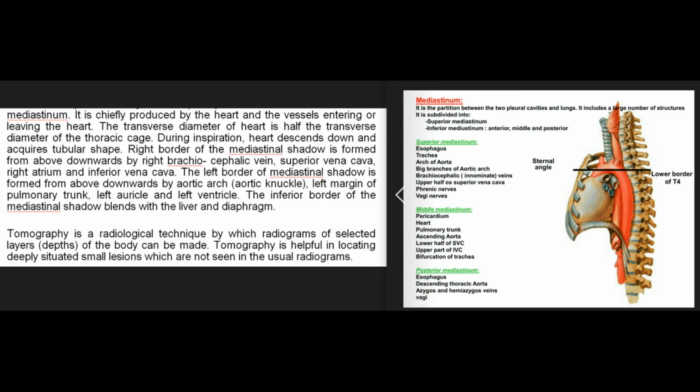Right border of the mediastinal shadow is formed from above downwards by right brachiocephalic vein, superior vena cava, right atrium and inferior vena cava. The left border of mediastinal shadow is formed from above downwards by aortic arch, aortic knuckle, left margin of pulmonary trunk, left auricle and left ventricle. The inferior border of the mediastinal shadow blends with the liver and diaphragm.